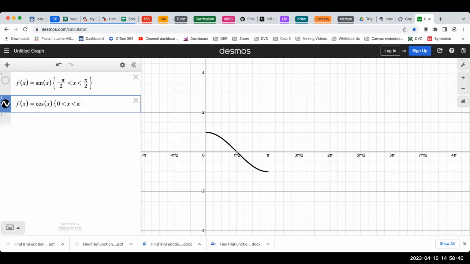So the outputs are angles. Angles are the things that you output. And the things that you're plugging into inverse sine were the outputs of this guy. So the inputs here represent the y coordinates on the unit circle.